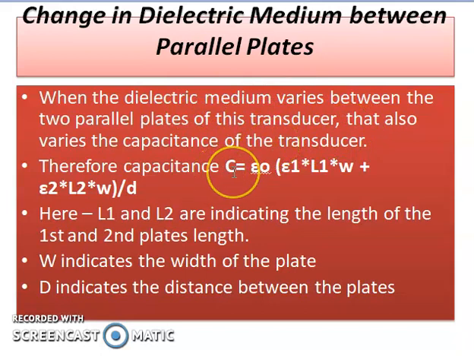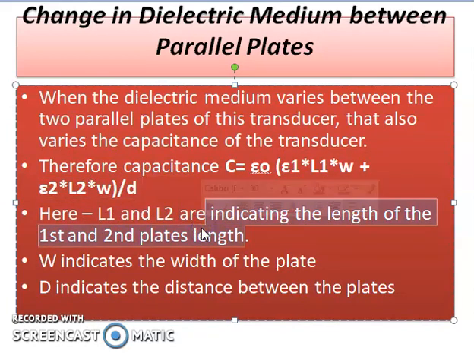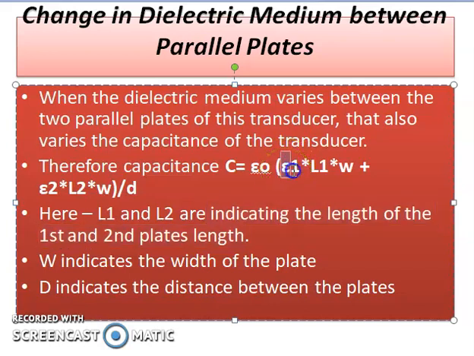Therefore, C is equal to epsilon 0 into epsilon 1 L1 W plus epsilon 2 L2 W divided by D, where L1 and L2 indicate the length of the first and second plates, W indicates the width of the plate, and D indicates the distance between the plates. Here if we change the dielectric medium, there are two types of dielectric constants, epsilon 1 and epsilon 2.